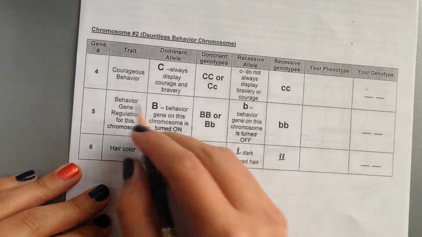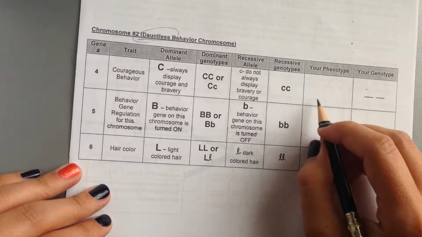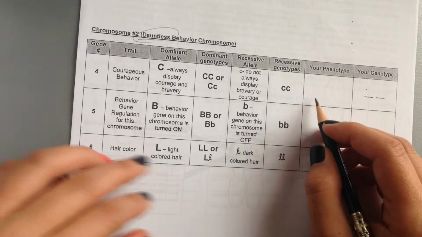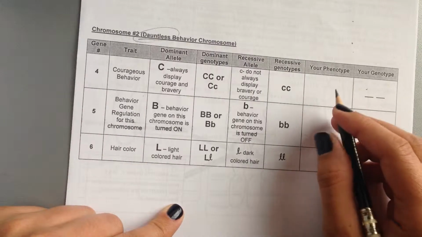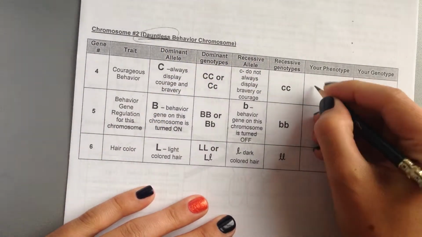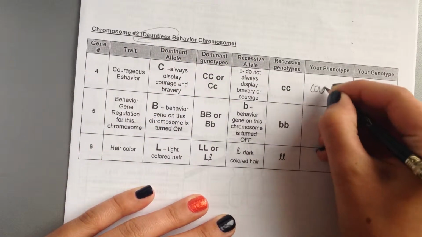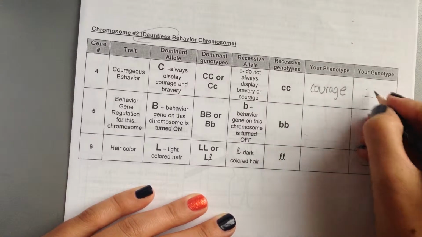Over here, what we're dealing with is Dauntless, the courageousness behavior. For the phenotype, since some of those tests also showed Dauntless, so I was 50-50, I'll say my phenotype here would be courageous, or courage. My genotype for that I get to pick.